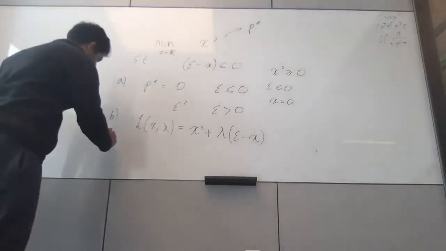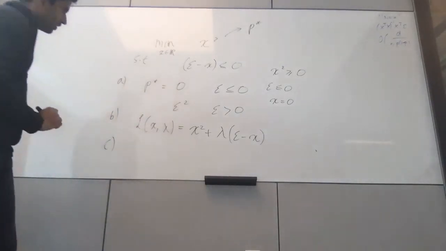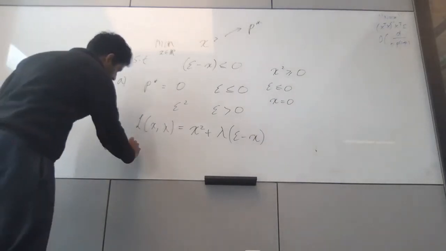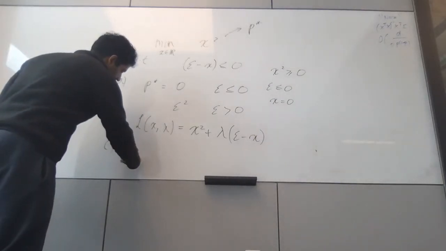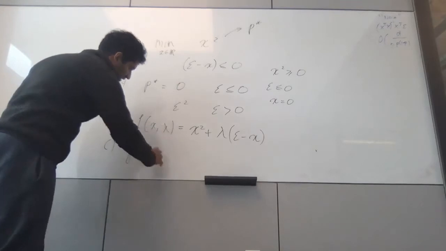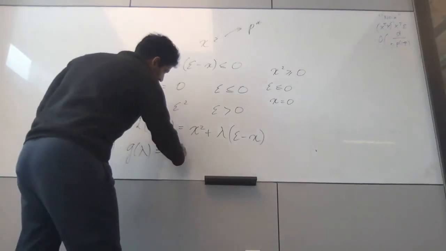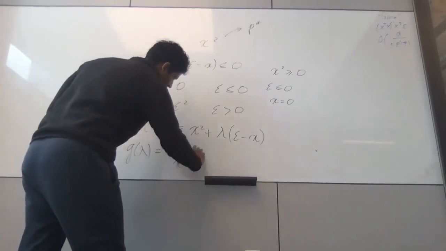Okay. So part C asks you to compute the dual function. So you want to compute g of lambda. This is a function of lambda, which is the minimization of the Lagrangian with respect to x.